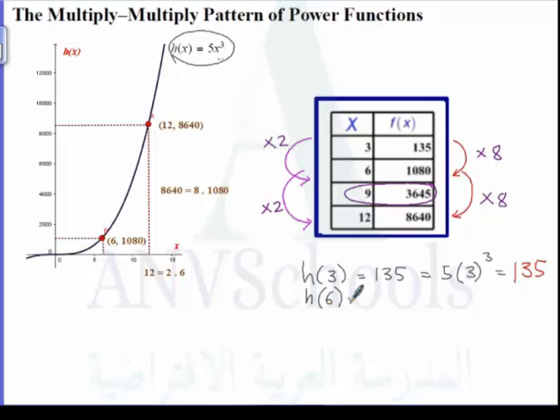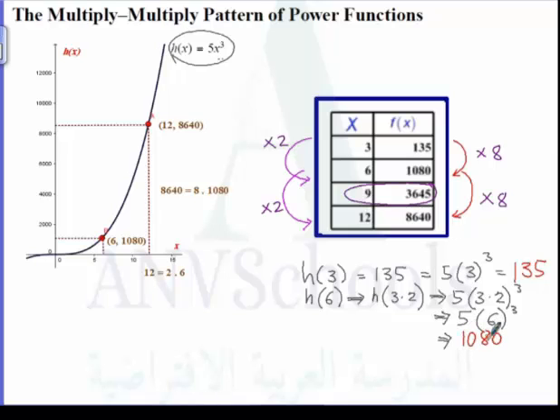Okay, how about our h of 6? You could see that our h of 6 is actually h of 3 times 2. Now you can see the pattern, right? And h of 3 times 2 is of course 5 times 3 times 2 cubed. What is this equal to? 1080. And this is equal to 5 times 6 cubed, which is equal to 1080.